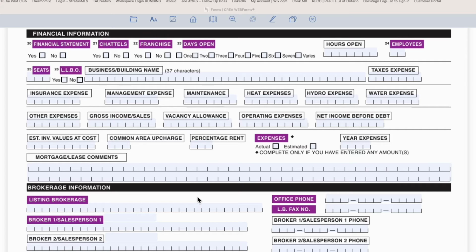Expenses, actual or estimated. Well, that's when we talked about not the business expenses. If there was an existing business in there, you're not minding business. We're only talking about the operating expenses for the existing vacant retail commercial space.